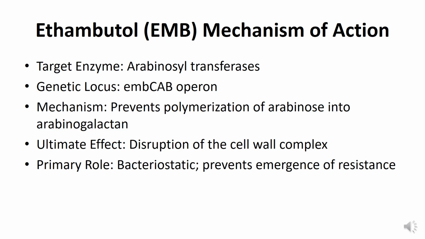A similar situation occurs within the bacterial cell wall. As arabinogalactan synthesis becomes impaired, the integrity of the entire cell wall complex is compromised. The protective barrier becomes defective and less capable of supporting normal bacterial survival.